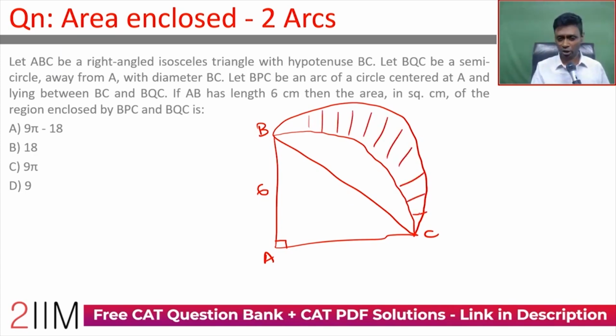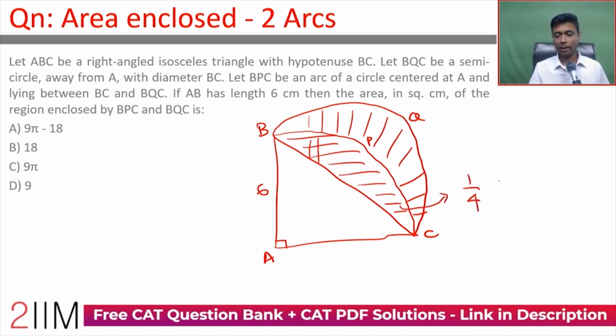Right? How do we do this? This is Q, this is P. So we find area of the semicircle BQC. From that, we subtract area of this segment BPC. How do we find area of this segment? This is 1/4 of pi into 6 square, so 1 quadrant of a circle of radius 6, minus half into 6 into 6.